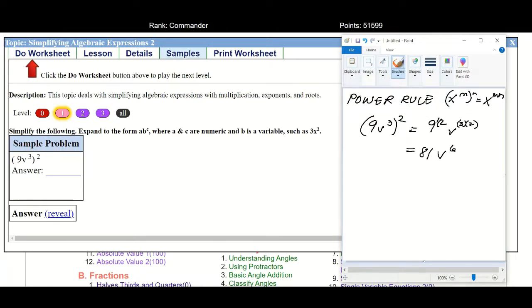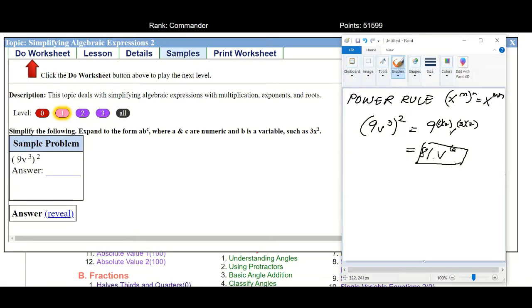Ang pangit ng aking pagkakasulat ng 1. Buburahin ko. Hindi ko ma-select. Delete. 9 to the first. Next 2. Yan. Okay. Kaya siya 9 squared na lang and 9 squared is 81.